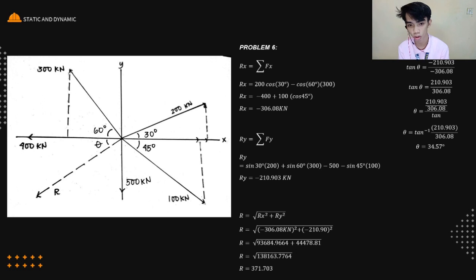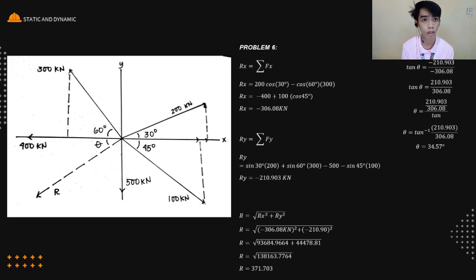For the 300 kilonewton times sin 60, since it also points upward, the sign is positive. For the 500 kilonewton, since it is already on the y-axis, we just put 500. Then the 100 sin 45. Since F of Y points downward, it is negative. So, solve. The answer is negative 210.903 kN. If we notice, our Rx and Ry answers are both negative.